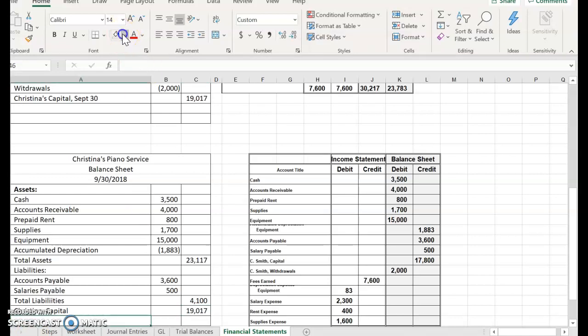Okay, and because total assets, this number here, needs to equal total liabilities and owner's equity, we should be able to get the same number down here.